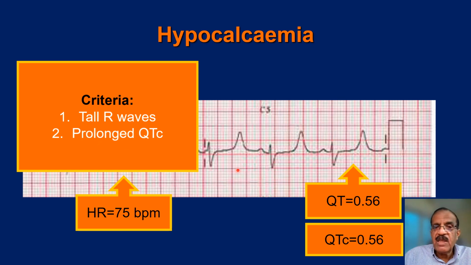For example, this QTc is short in hyperkalaemia, it is prolonged in hypocalcaemia. So there may be a situation where there is mixed electrolyte abnormality, like somebody with renal failure on dialysis. There may be mixed abnormality related to both calcium as well as potassium.